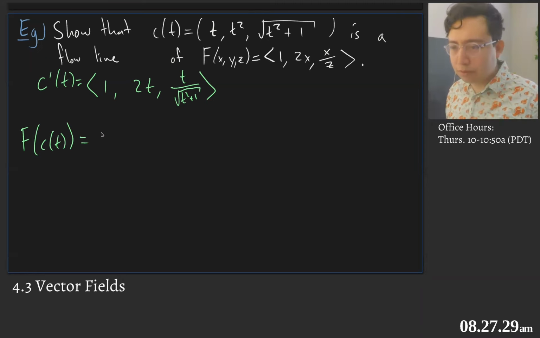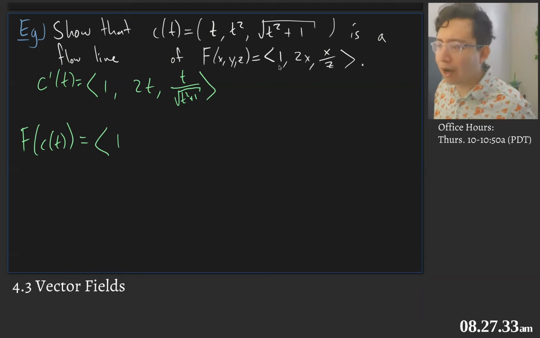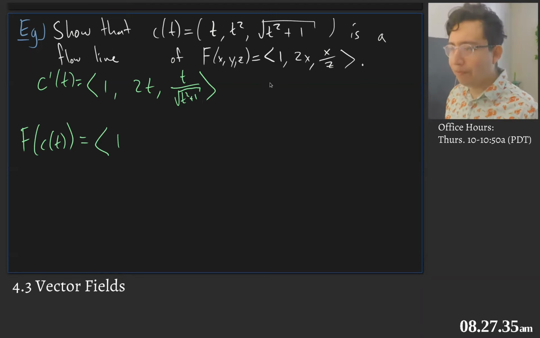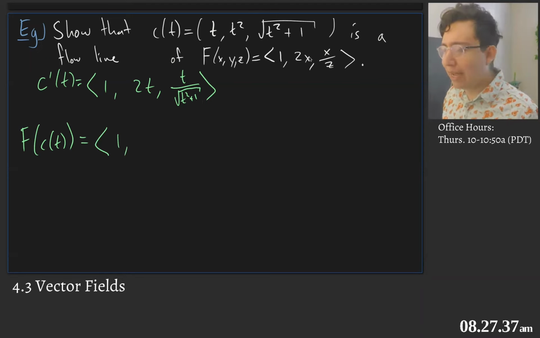So this vector field in the first position is always going to be 1. Your i coordinate is going to be 1 no matter what. And then you get 2 times x. What's our x coordinate? Well, that's just t, so 2t. So far, it's looking really good. Now, what about our third coordinate? Well, in the third coordinate, we get t over whatever z is. z is the square root of t squared plus 1.